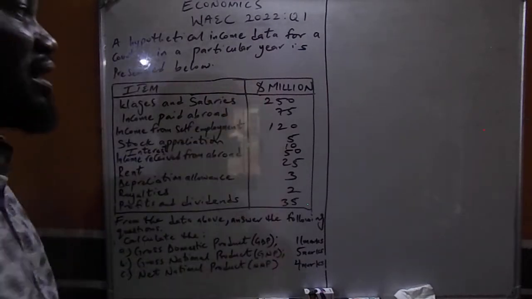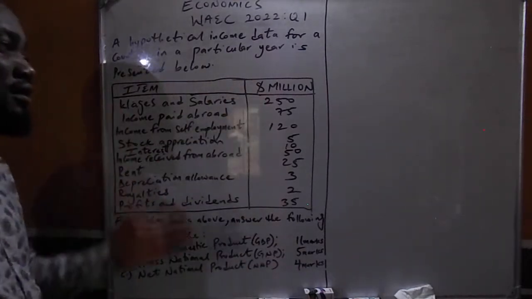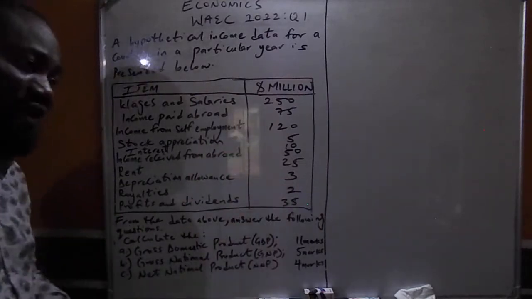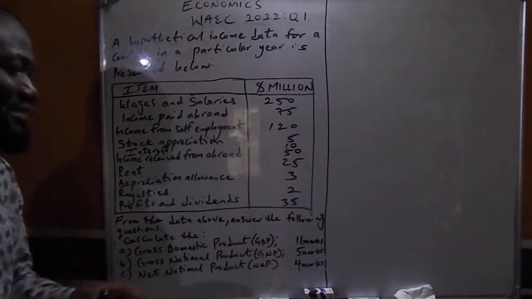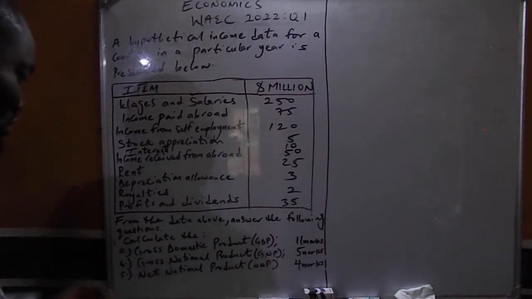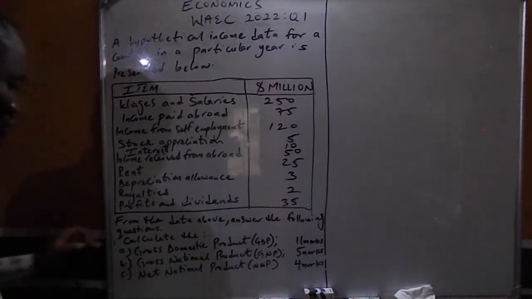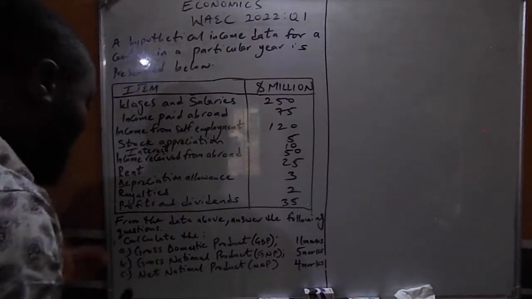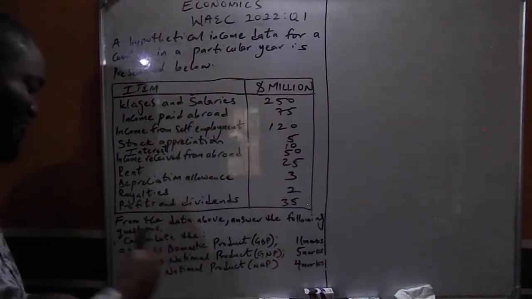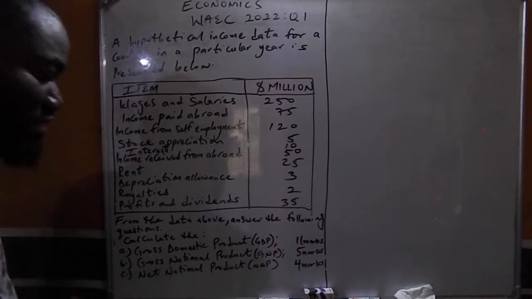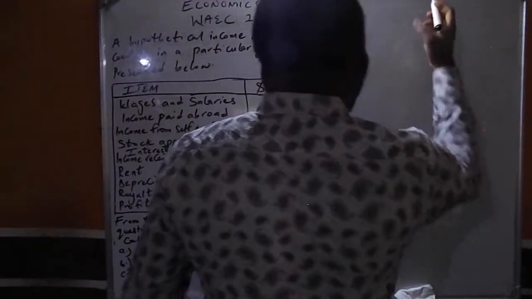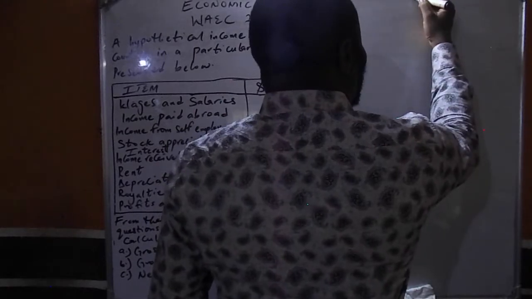As you can see the amount, 250, 75, 125, 10, 50, 25, 32 and 35. What are you now to do? From the data above, answer the following questions. Calculate the gross domestic product GDP 11 marks, gross national product GNP 5 marks, and net national product NNP 4 marks.